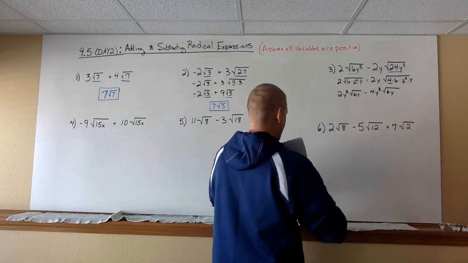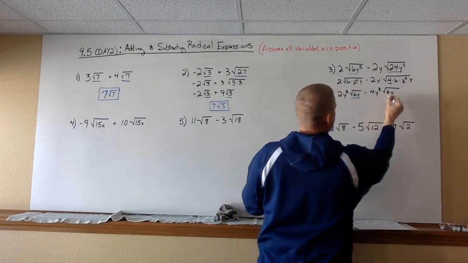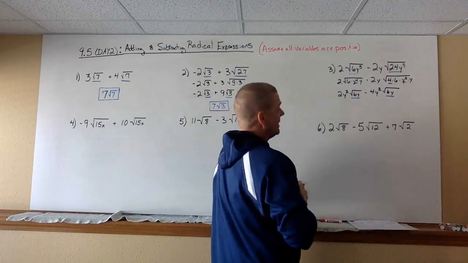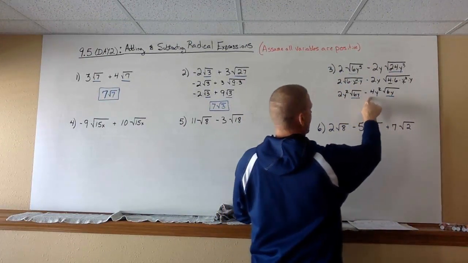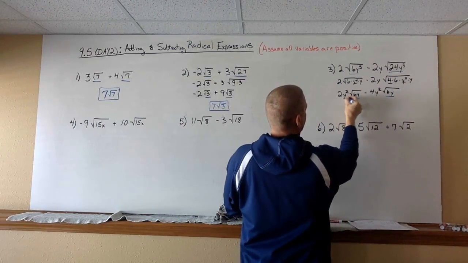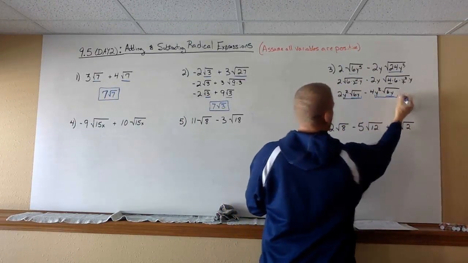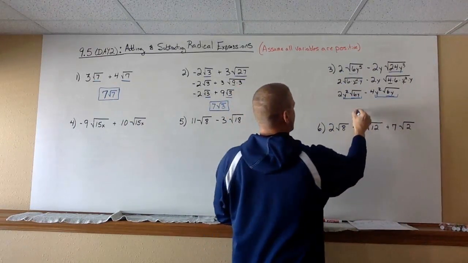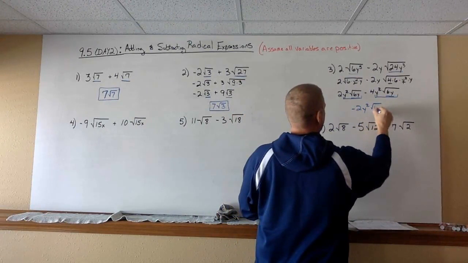So I simplified each root. And because I simplified each root, now I can see those roots are the same. So if I have 2y squared square roots of 6y minus 4y squared, now because of the variables in there, for these to be like terms, all the variables and the root need to be the same. So this is going to give me -2y squared square root 6y.